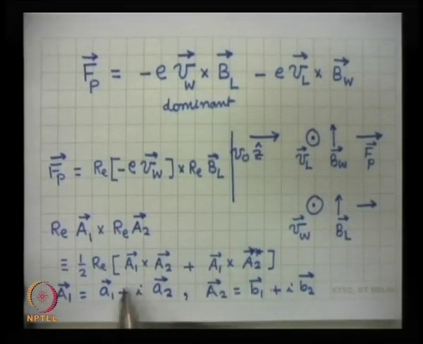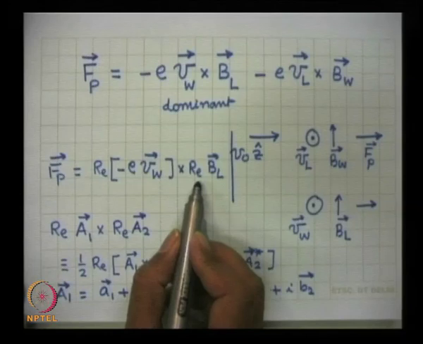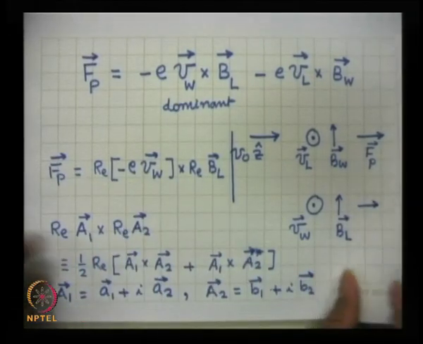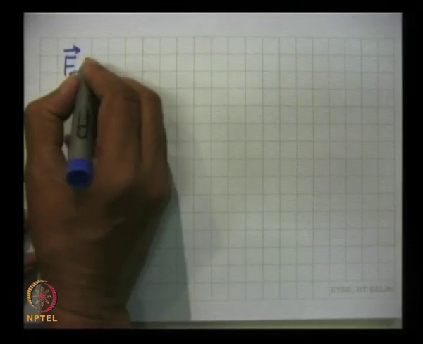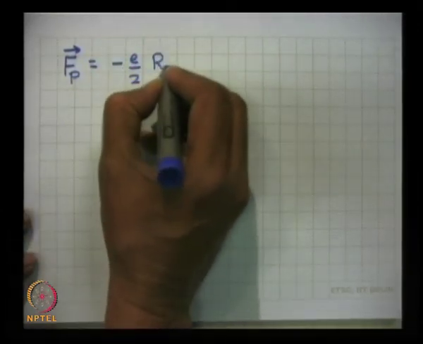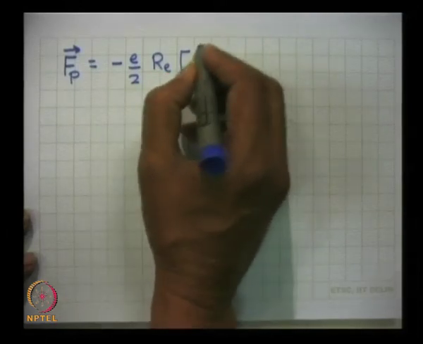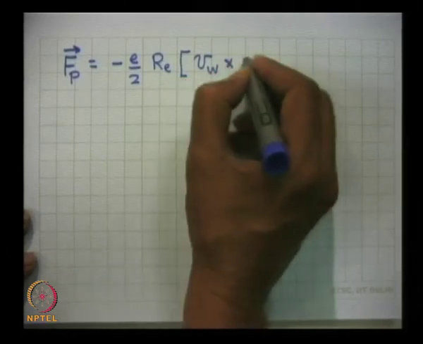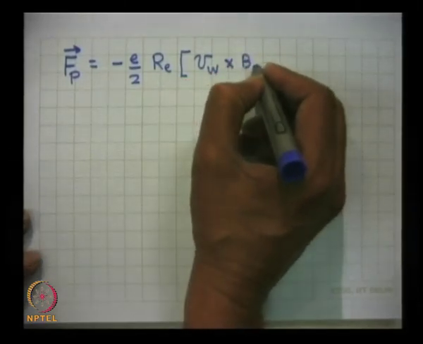I would like to employ the same identity to evaluate this product of real parts of two complex vectors. And once you do this, you obtain the ponderomotive force Fp to be equal to minus E by 2 and real part of Vw cross BL.